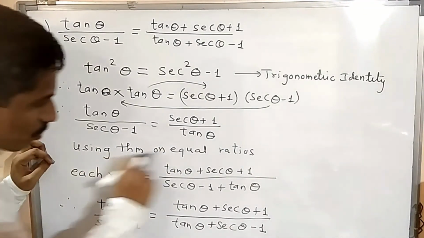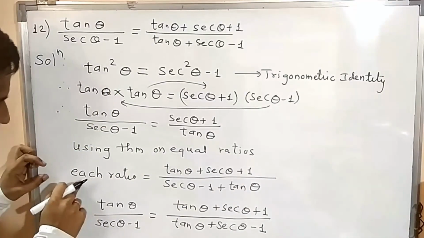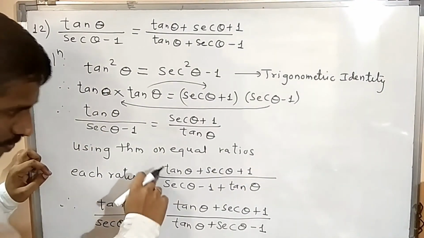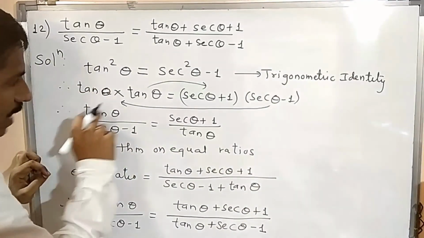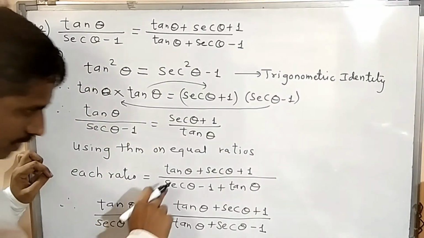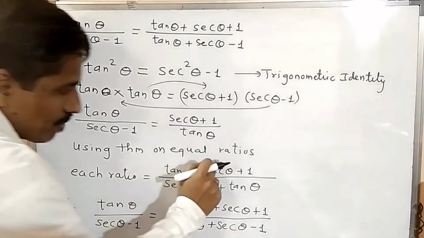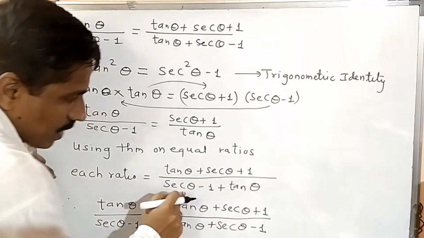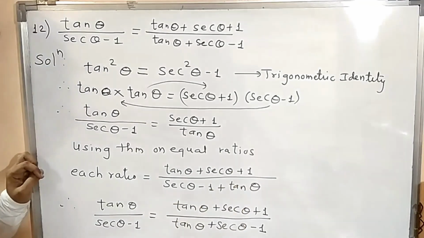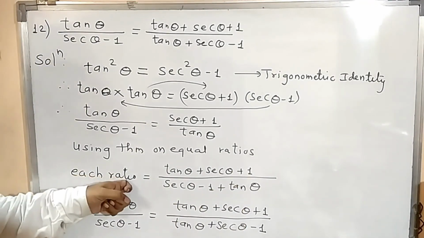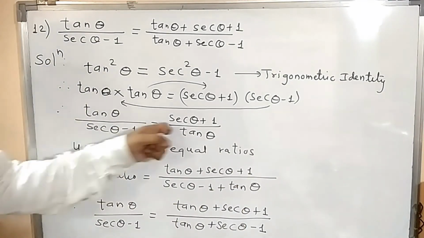So using the theorem on equal ratios, what will I get? Each ratio is equal to, at the numerator place, addition of numerators, at the denominator place, addition of denominators: tan theta plus sec theta plus 1, over sec theta minus 1 plus tan theta. What do you mean by each ratio? Each ratio means this ratio as well as this ratio.